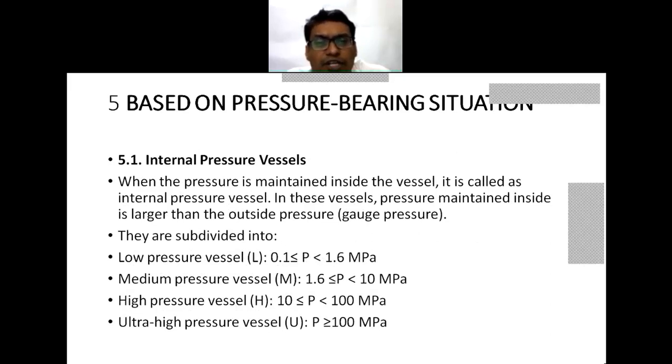So the internal pressure vessel is the one where the pressure is inside the vessel. When the pressure is maintained inside the vessel, it is called an internal pressure vessel. In these vessels, the pressure maintained inside is larger than the outside pressure, that is the gauge pressure.